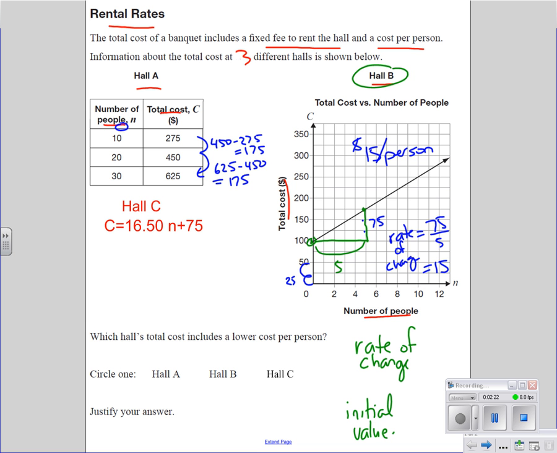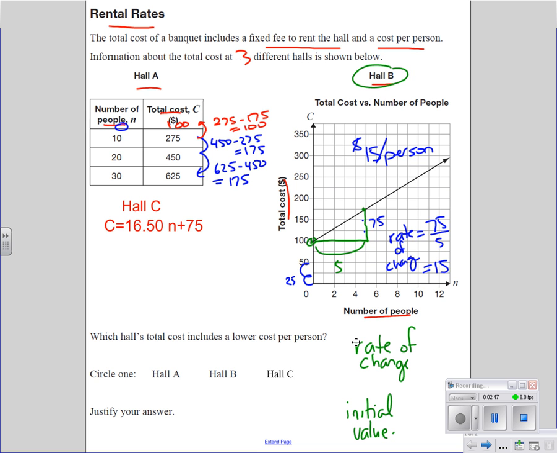What I don't have is the price for 0 people. So if I go in the other direction, I'm going to subtract 175 to get to whatever my cost for 0 people is. So 275 minus 175 leaves me 100, so it'll cost $100 for 0 people.